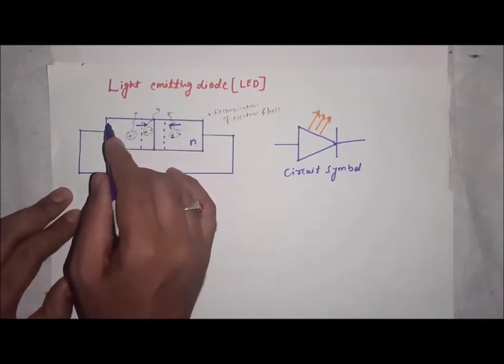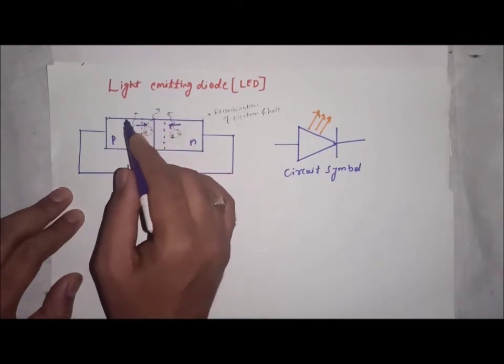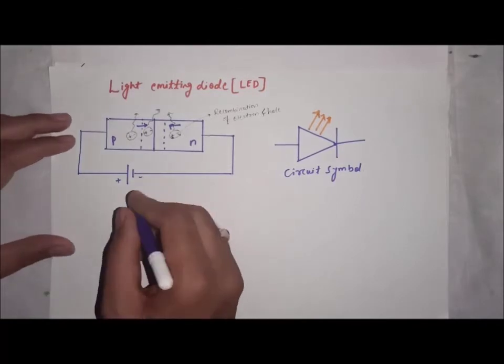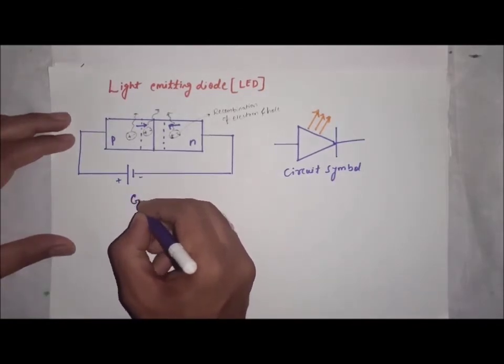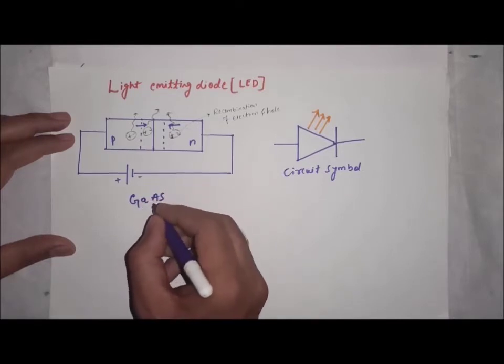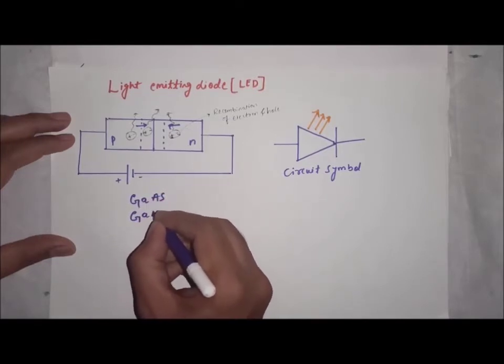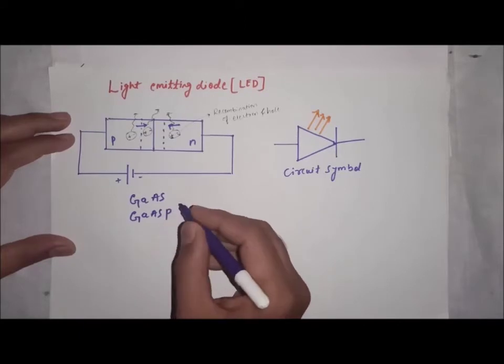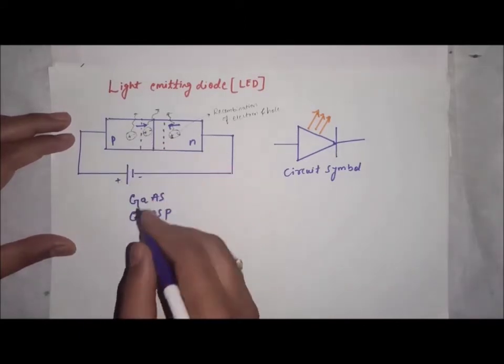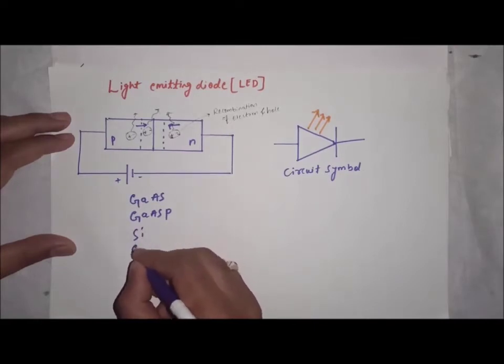But the material we are using here should be made up of gallium arsenide or gallium arsenide phosphide. Some other materials are also there, but it should not be made up of silicon or germanium.